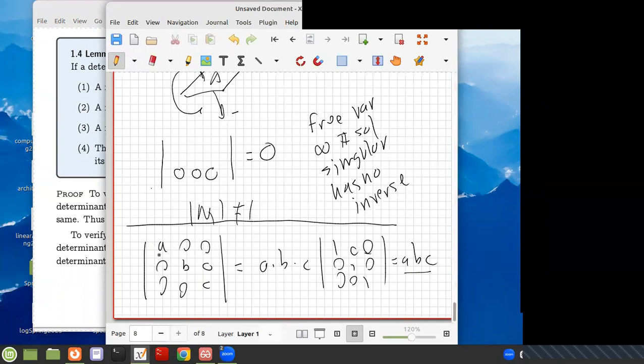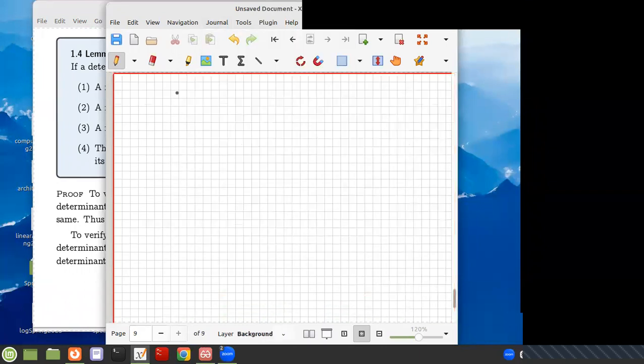Also, let's say that I have an upper triangular matrix, like A, B, C, D, E, F, 0, 0, 0, like this.